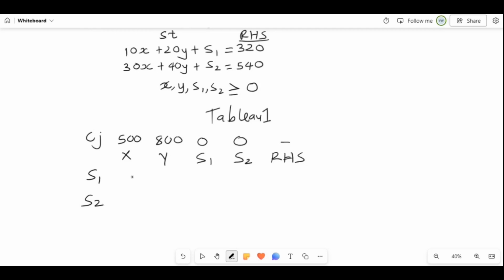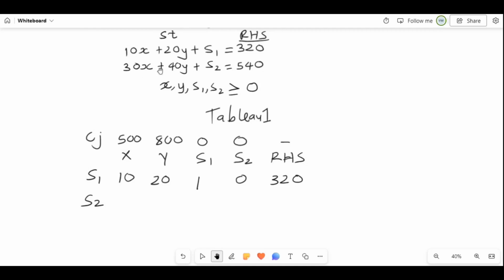So when I start with S1, the coefficient of x in the first constraint is 10. The coefficient of y is 20. And because this is S1, the coefficient there is 1. Because there is no S2 in the first constraint, I'll have it as 0, and we'll have the right-hand side value of 320.